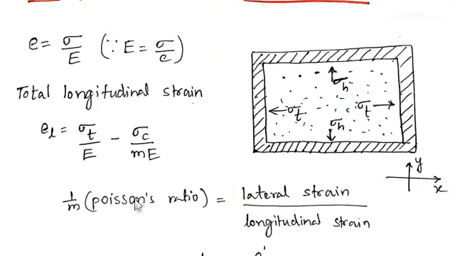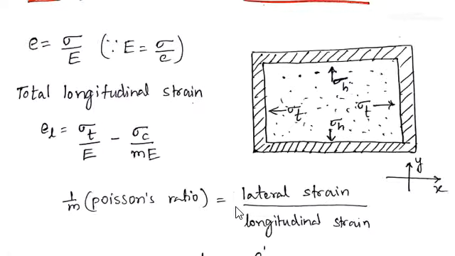So if you see from the basic definition of Poisson's ratio, it is lateral strain by longitudinal strain. So if we take this circumferential stress as the primary stress or the primary direction, the strain in this direction will become longitudinal strain.